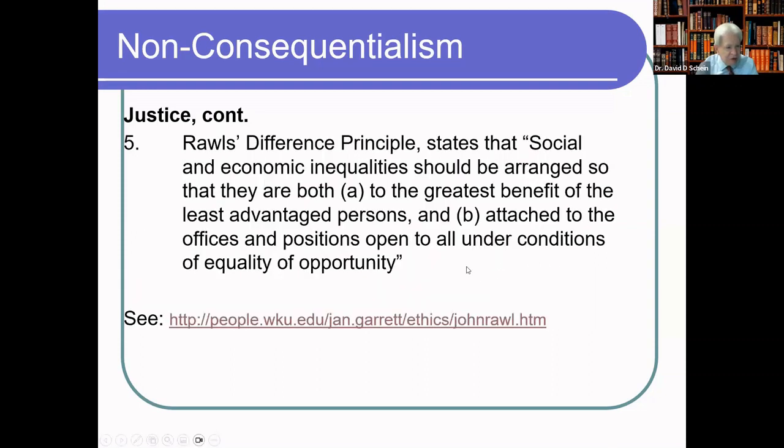And now this is why we talk about Rawls as a neo-Marxist, because he says, to the greatest benefit of the least advantaged persons, and attached to the offices and positions open to all under equality of opportunity. We're hearing a lot about that today.